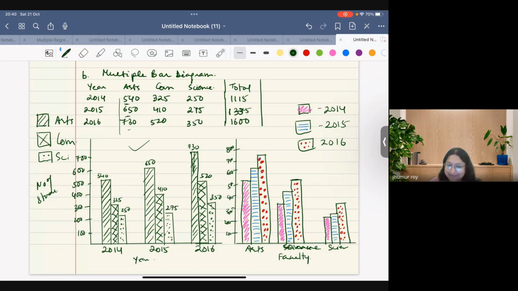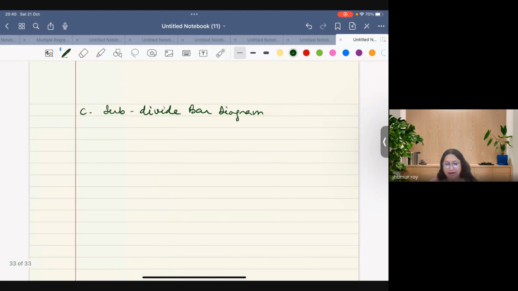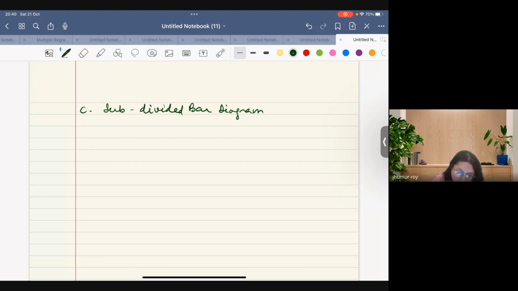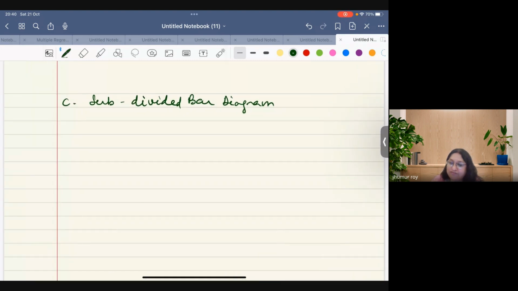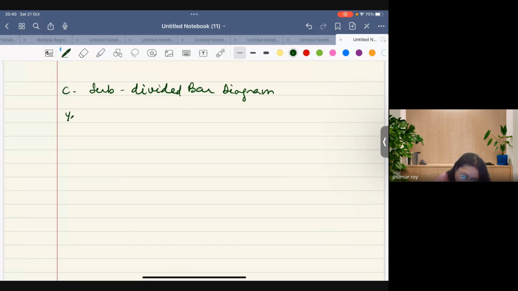So next we come to subdivided bar diagrams. I'll just take the same question again and explain how we are coming to it. This is again a very important thing. So here I'll just write the same question I've written previously. You've got year, this is 2014, 2015, 2016.